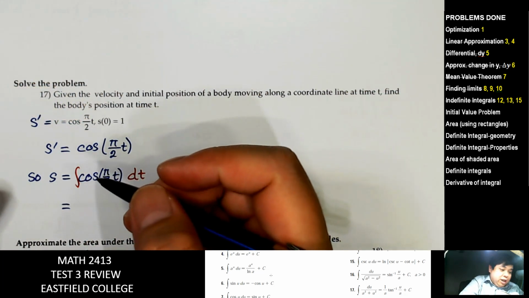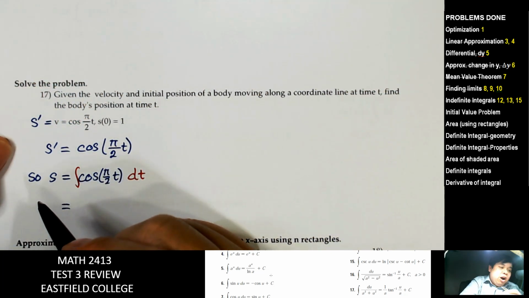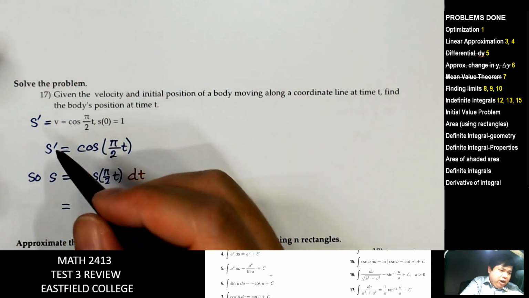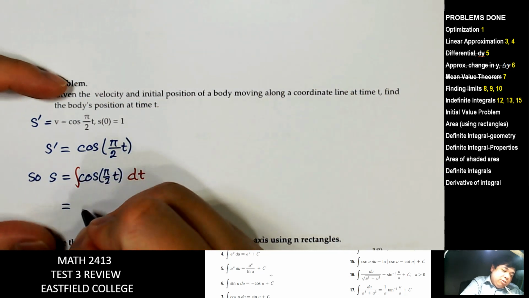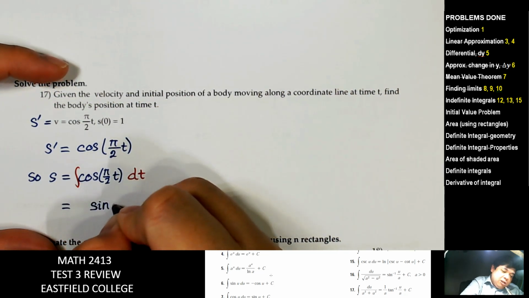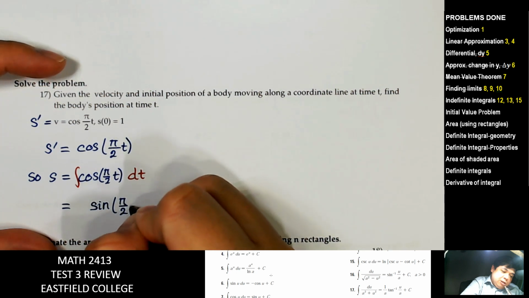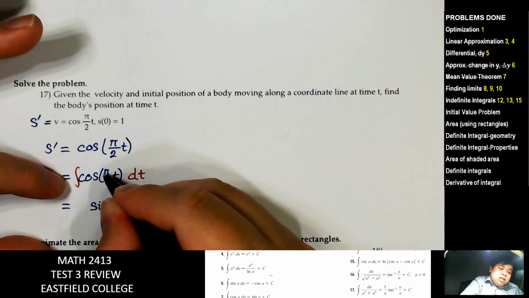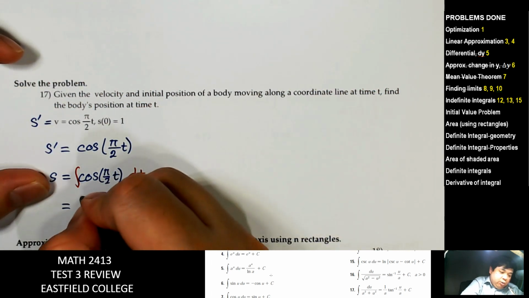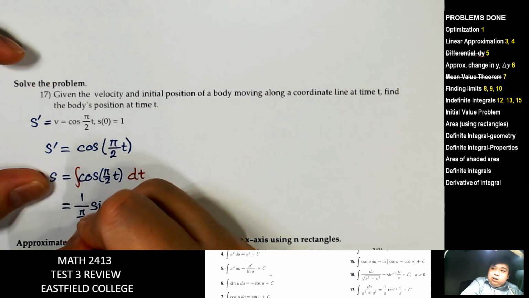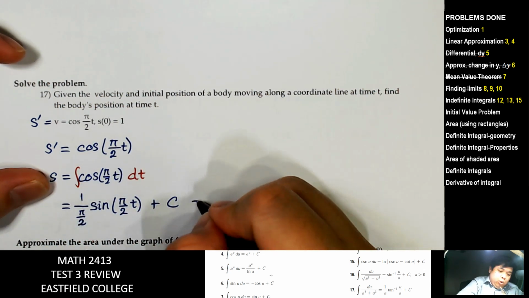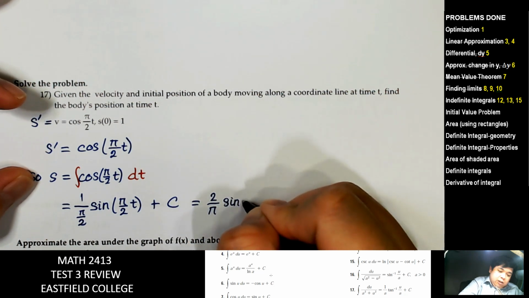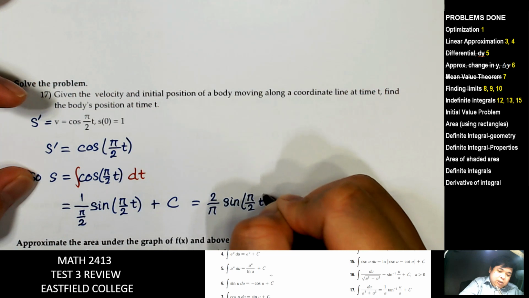So I'm just going to do this, and we're going to study this in section 5.5, so it's not here yet. So the formula will be somewhere in the notes. So cosine gives us sine plus a constant, except we have to divide by pi over 2, which turns into the reciprocal, 2 over pi sine pi over 2 t plus c.